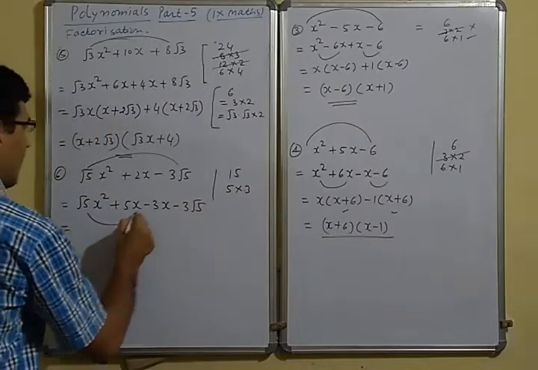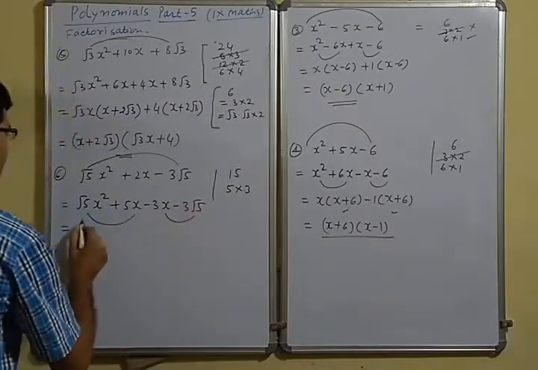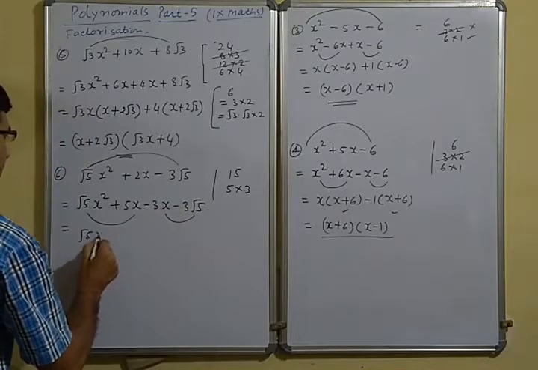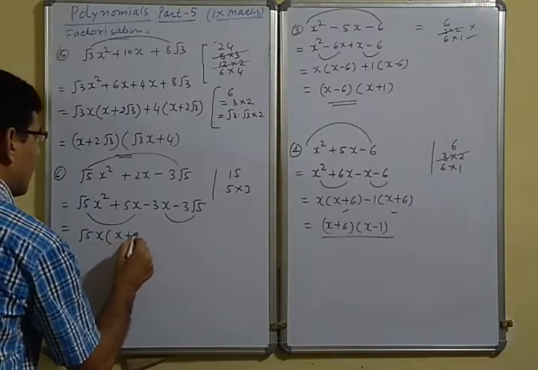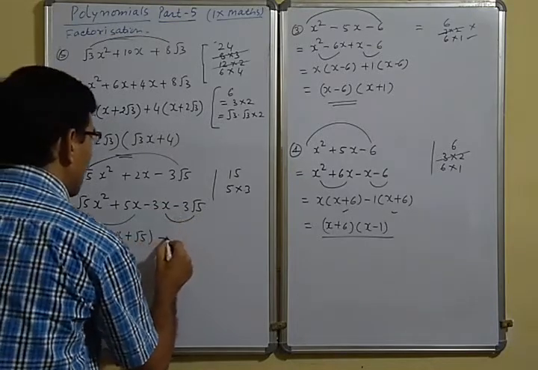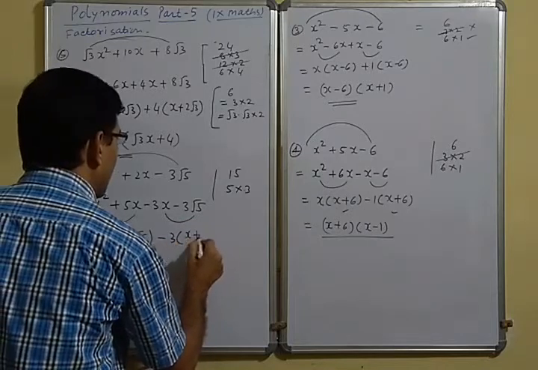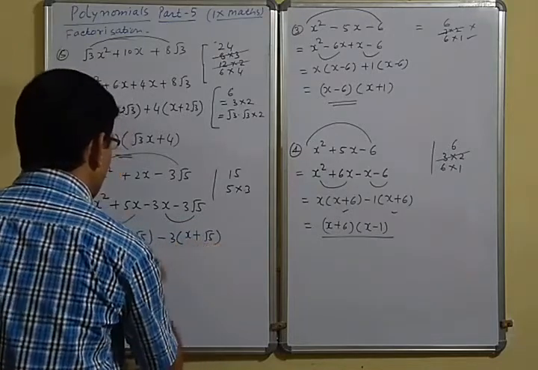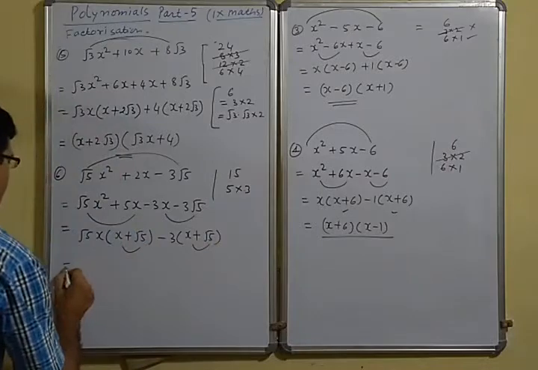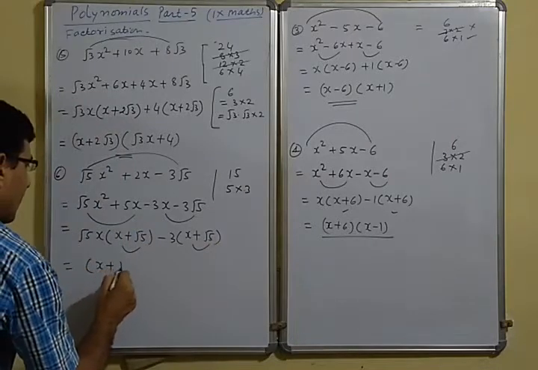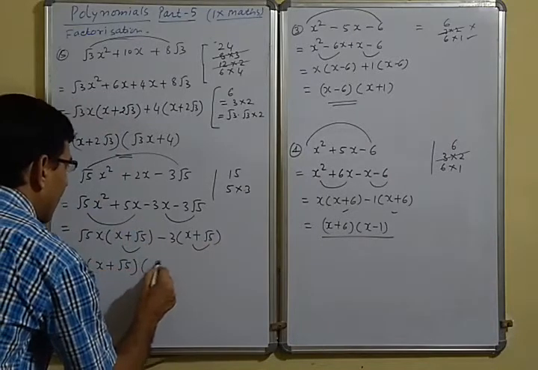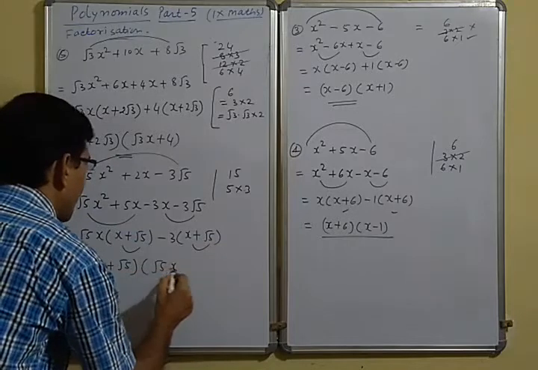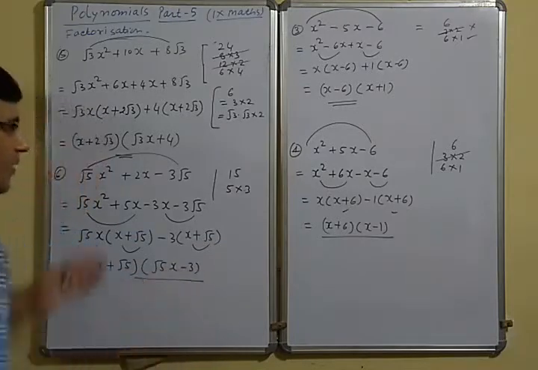Here root 5x is common, and in the bracket x plus root 5. And here the common is minus 3, so you will get x plus root 5. In the first bracket we will get x plus root 5, and in the other bracket root 5x minus 3. So these are a few examples.